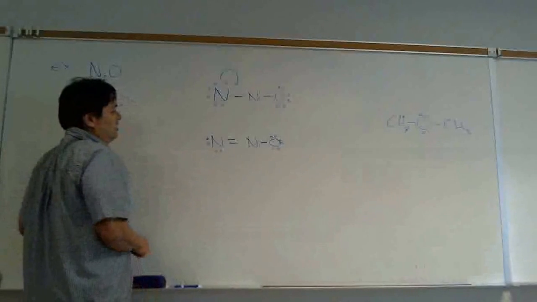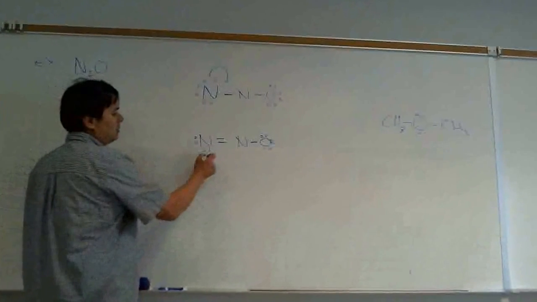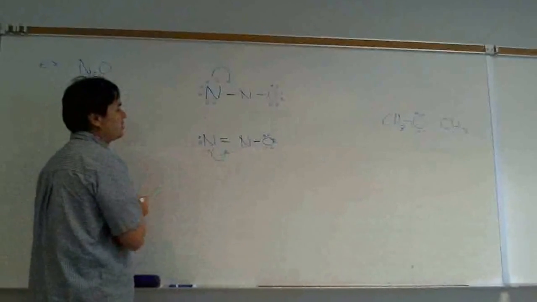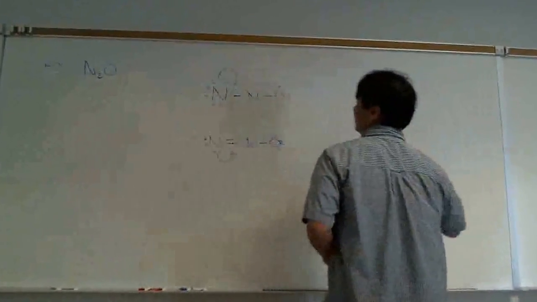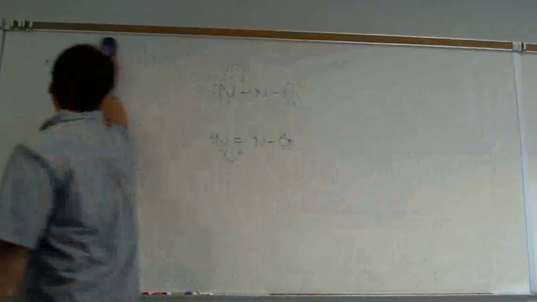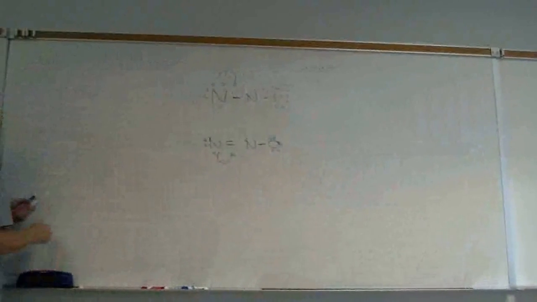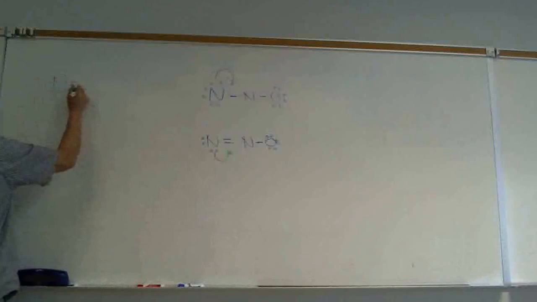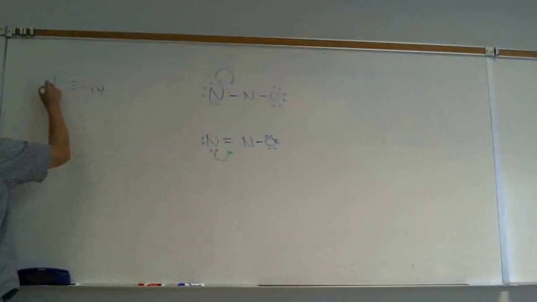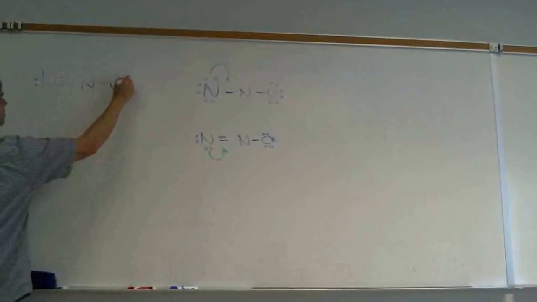Okay, but nitrogen did lose some electron density already, but we'll go ahead and take it from nitrogen. And we end up with this structure here. Maybe I'll write it over here. And so we end up with a nitrogen-nitrogen triple bond, going to something like this.